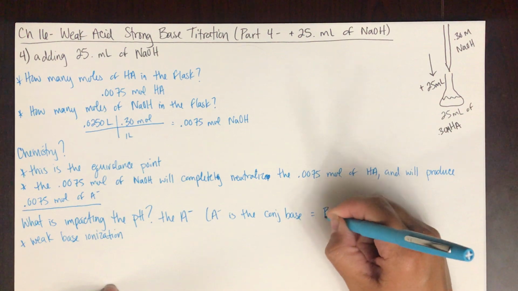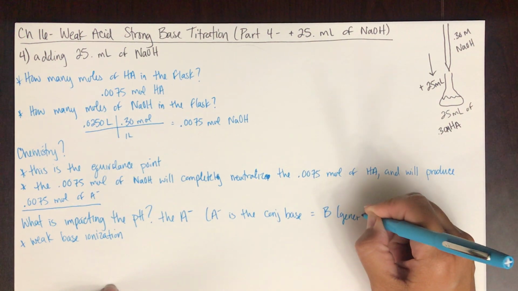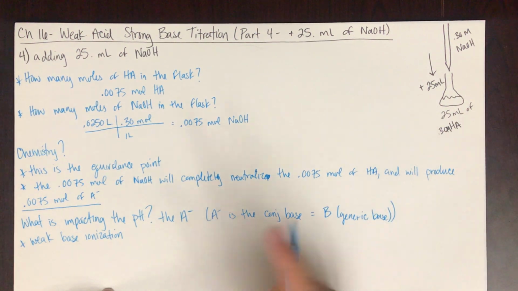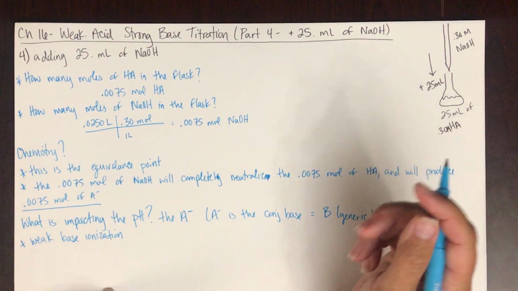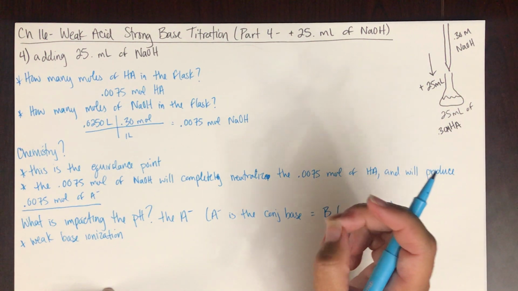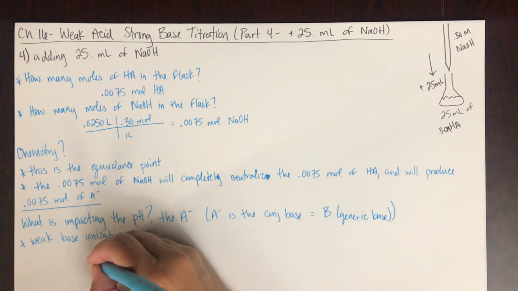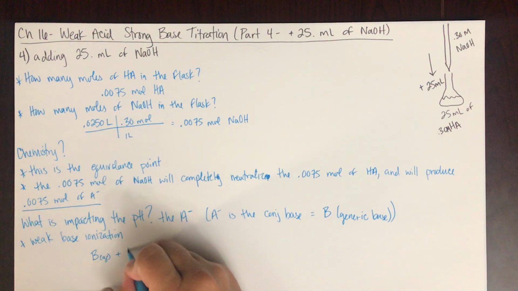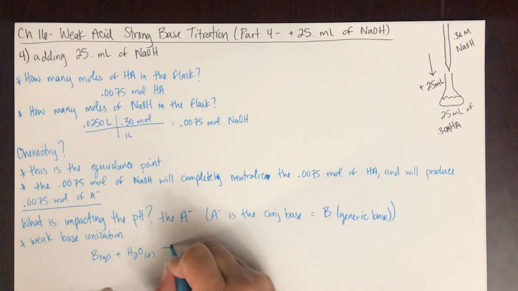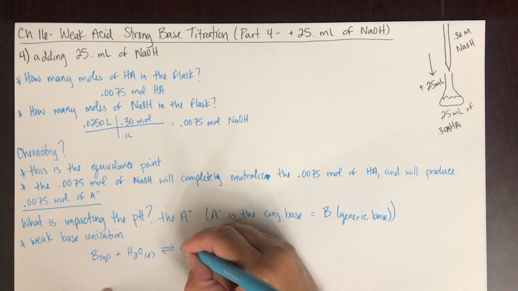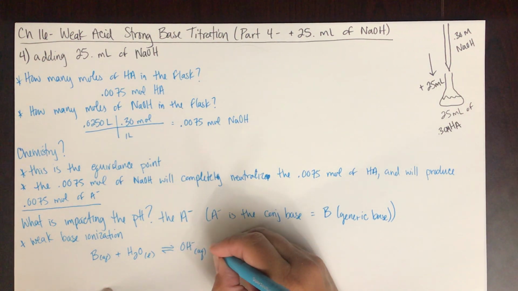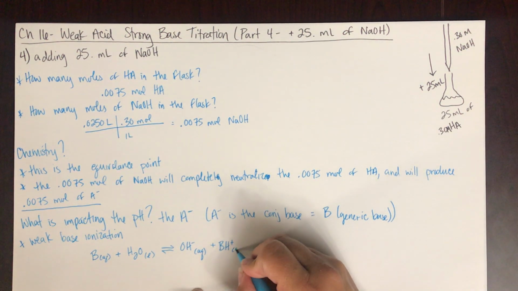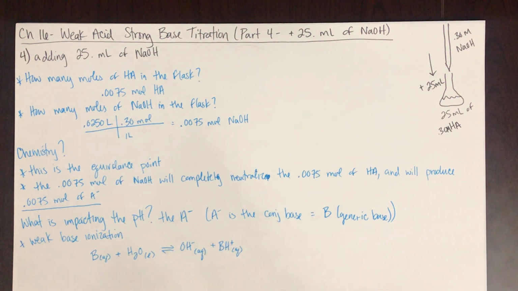I'm just going to call it B, which is the generic base. I'm going to do it this way. Here's my generic base, which is my A minus. And that would be the conjugate acid of my base.